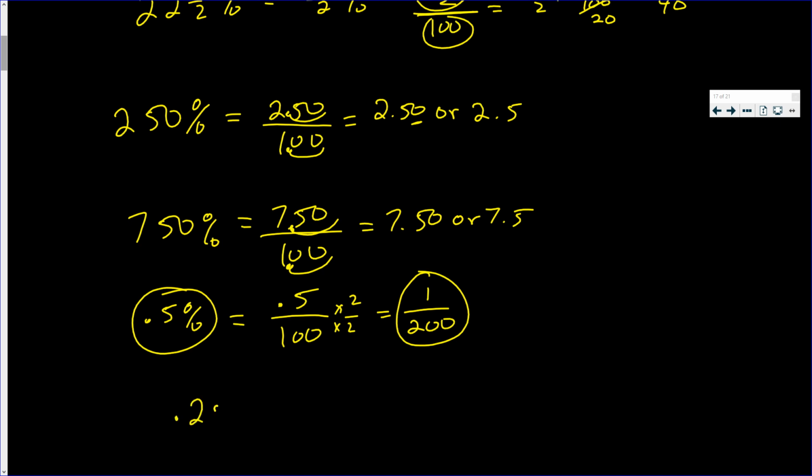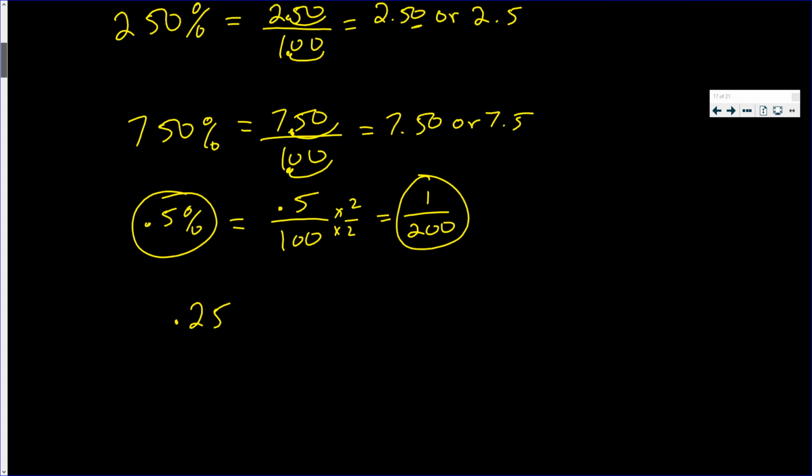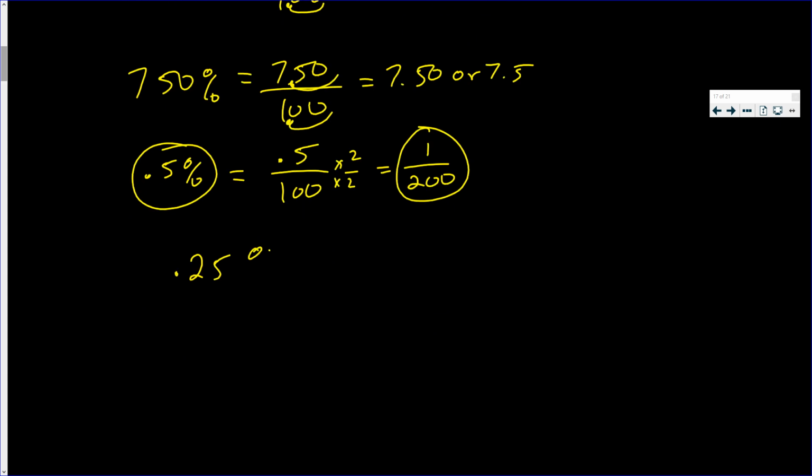What if you have a quarter, 0.25%? Well, this means 0.25 over 100. Now, just like in the top one, I could have done it slightly differently. I can move this decimal to the right 2 places.